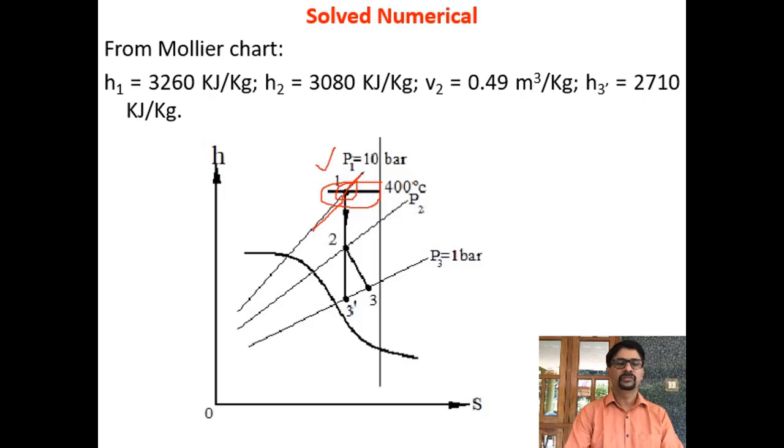Now you already found state 2, that is the pressure at throat P2, which is 5.46 bar. That also you have to locate. Come vertically downwards till you intersect the P2 pressure line, and further expansion will take place till the final pressure, which is 1 bar.